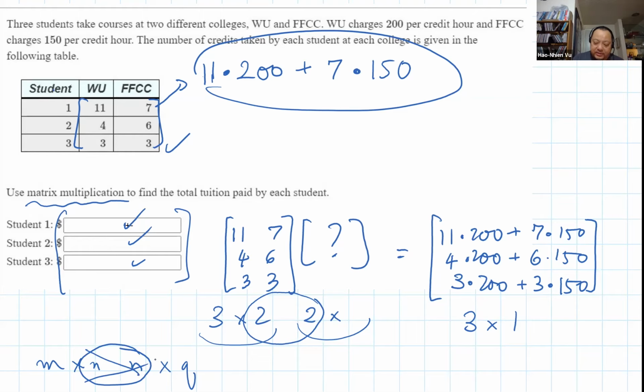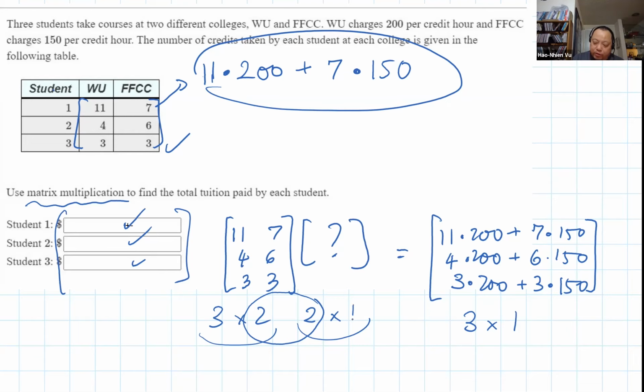These two have to be the same, and the final result will ignore the common dimension and goes M by Q. The first number of rows times the last number of columns, and the inside row and column have to be the same number. That's the only way for matrix multiplication to be defined.